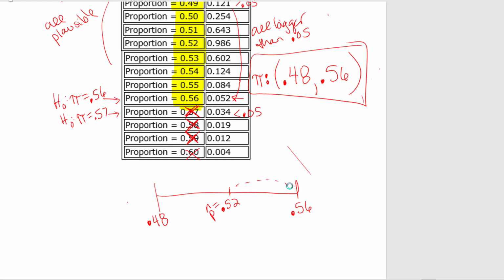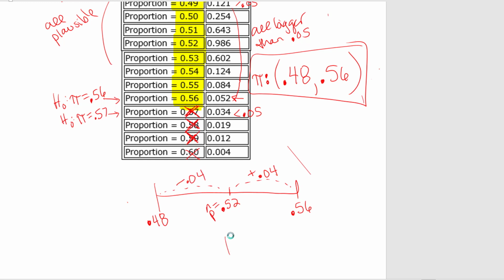And if you want the margin of error, we need to find this distance from the statistic to the upper end of the confidence interval, or the distance from the statistic down to the lower end. Either way you do it, you find that this distance is 0.04.